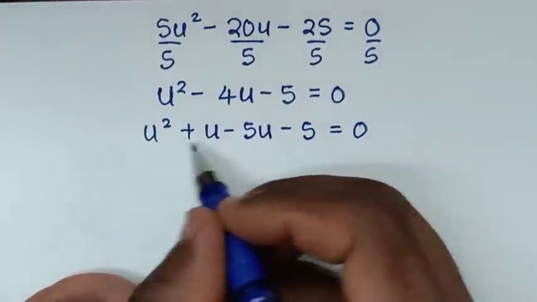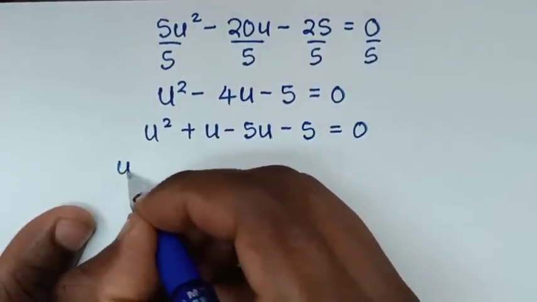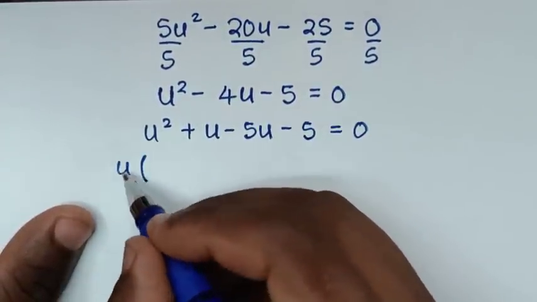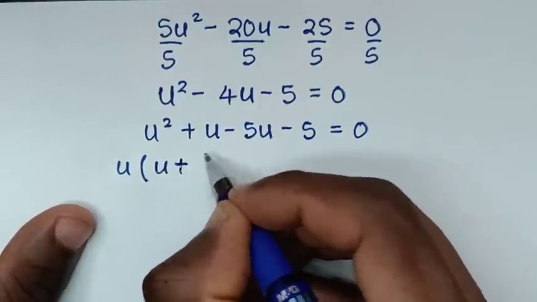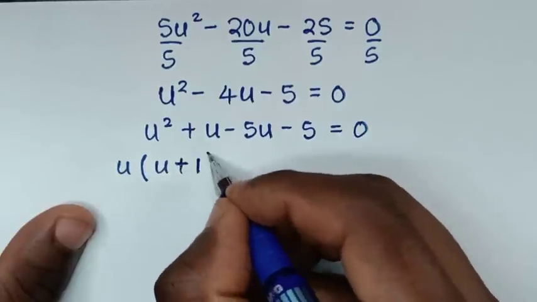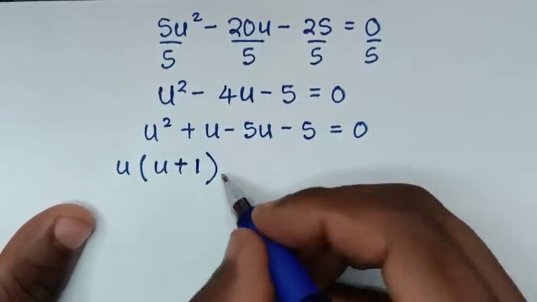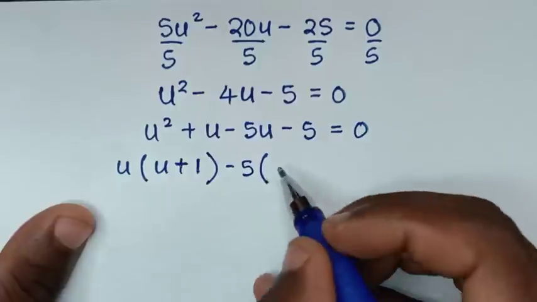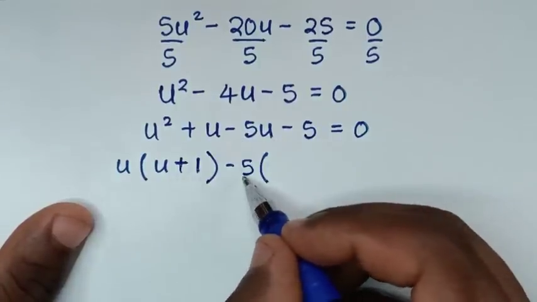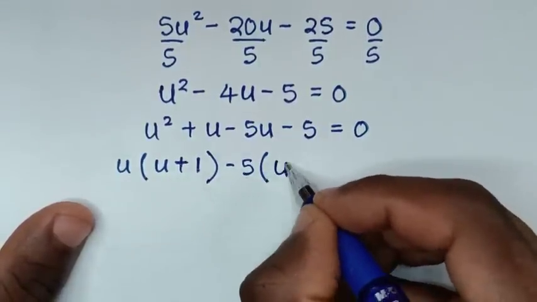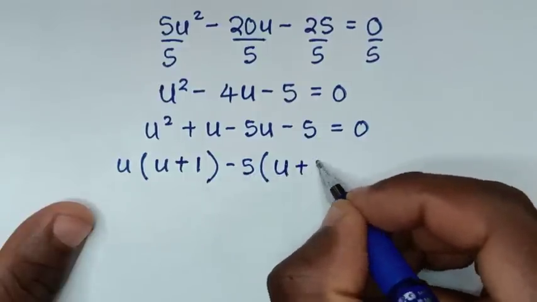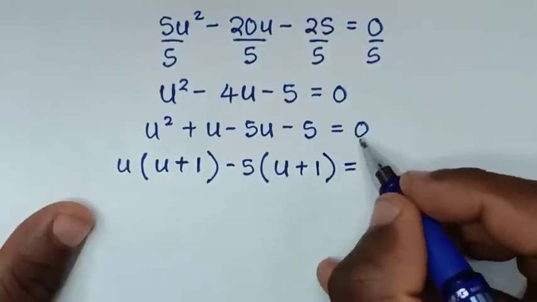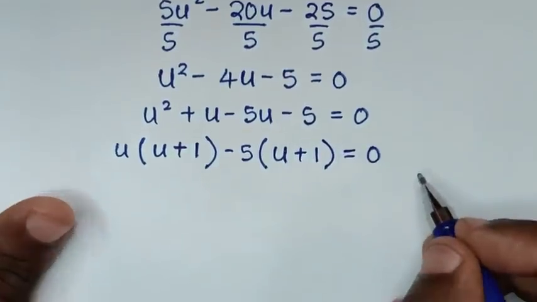Then in the next step, in here u is common, so we take u out of bracket, u squared divided by u is u, then plus u divided by u is 1 bracket. In here we take negative 5 out of bracket, negative 5u divided by negative 5 is u, then negative 5 divided by negative 5 is 1, so it will be plus 1 bracket is equal to 0.